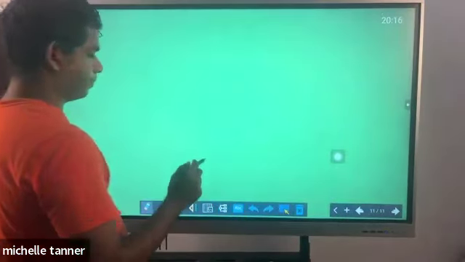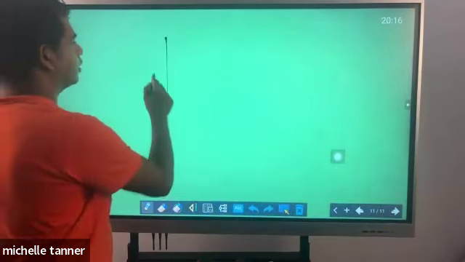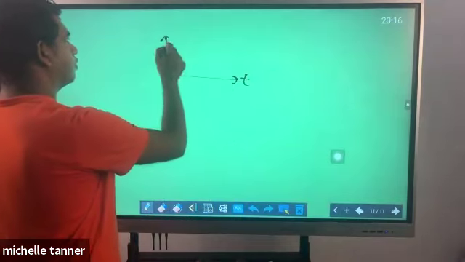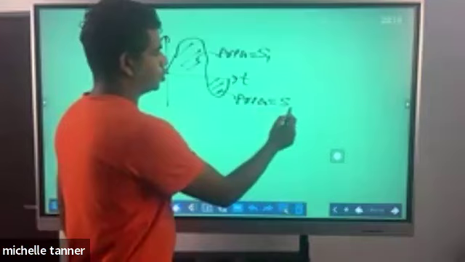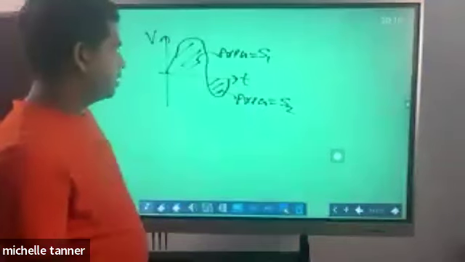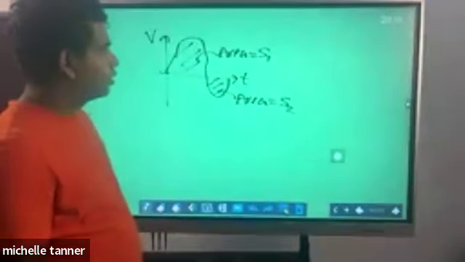Now think about a VT graph, velocity time graph. The area above is S1, the area below is S2.